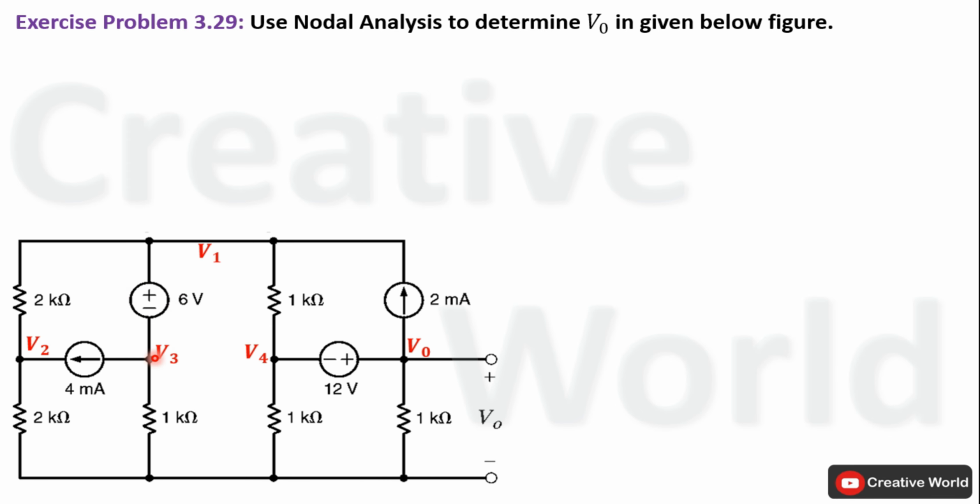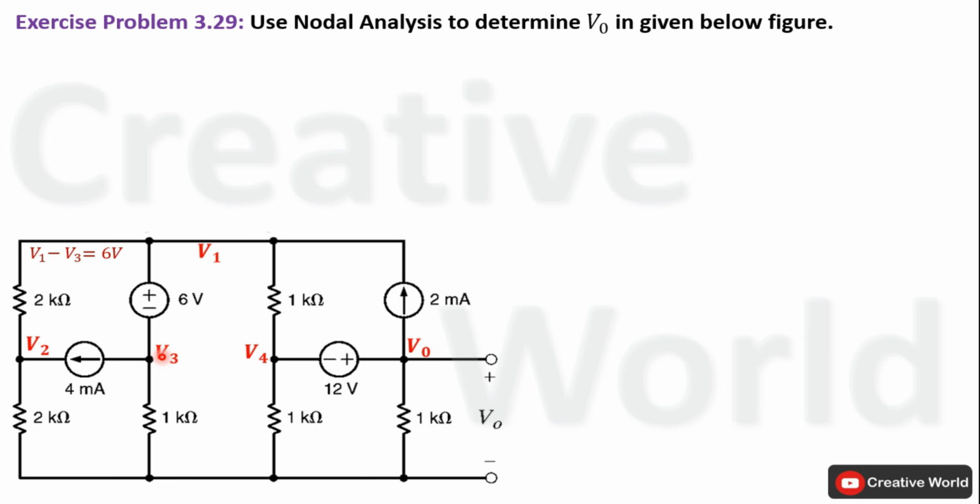In order to do that, first we have to write its voltage equation. The voltage across this voltage source is equal to the potential difference of these two node voltages. We can write it in mathematical form. The potential difference of these two non-reference node voltages will be equal to 6 volt. Here we are considering this node voltage to be at a higher potential than this node voltage.